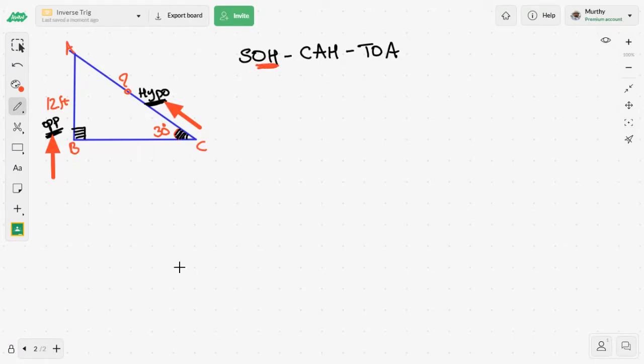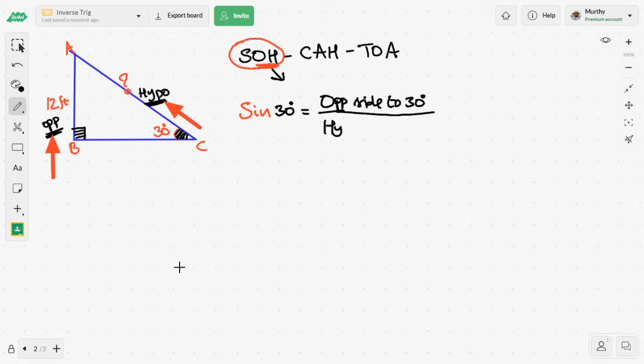These two, I see in SOH. Therefore, sine, let me take the angle here, it is 30 degrees. So sine 30 degrees equals, here, if I write this, it is O over H. Therefore, the opposite side to 30 degrees over the hypotenuse.